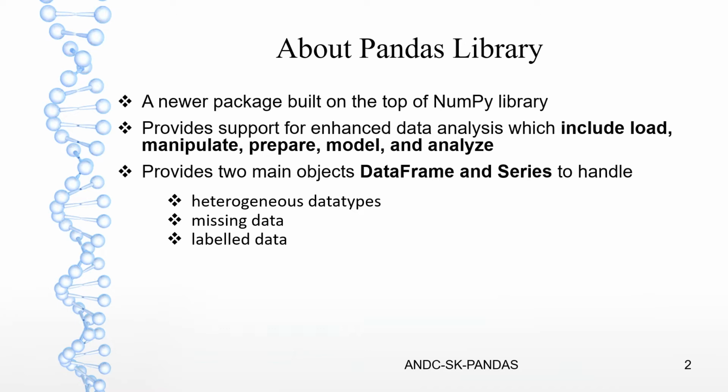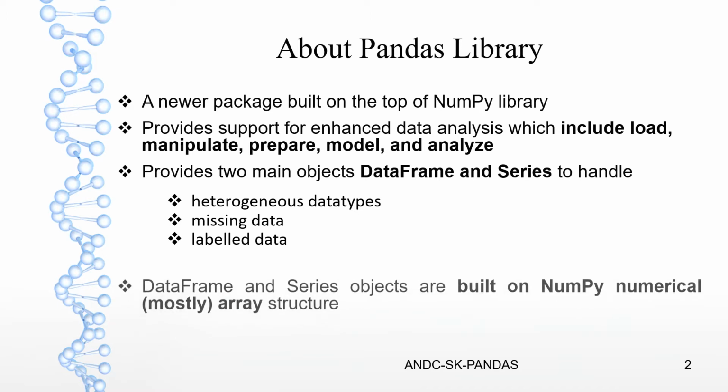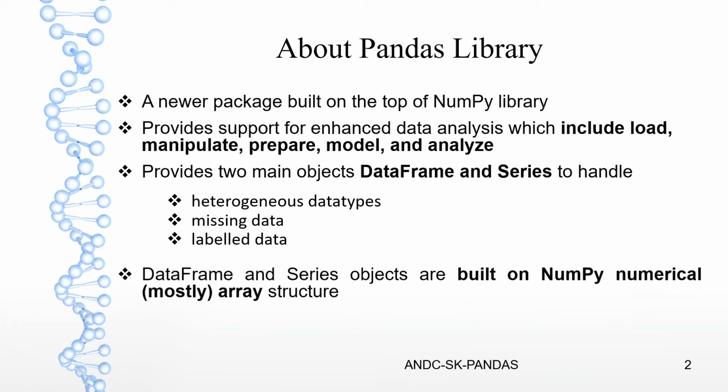Both of these can handle heterogeneous data types, can have missing data and provide access to data through labeled data. That means data has a name. And these series and data frames are built on top of NumPy arrays, which are usually homogeneous data types.